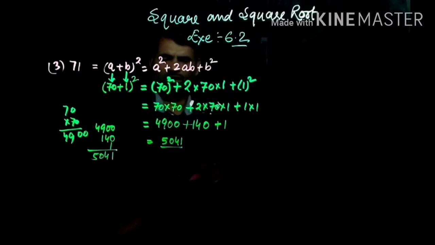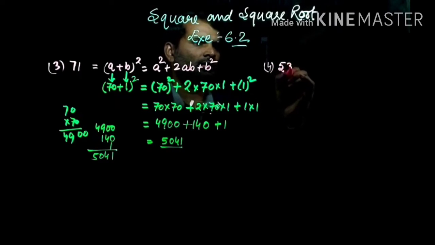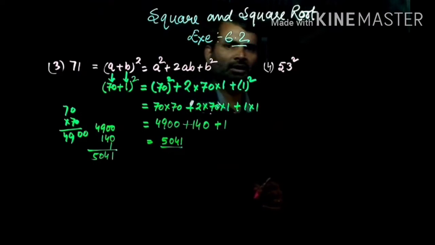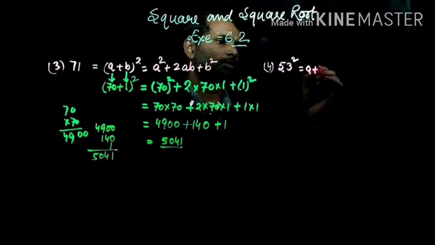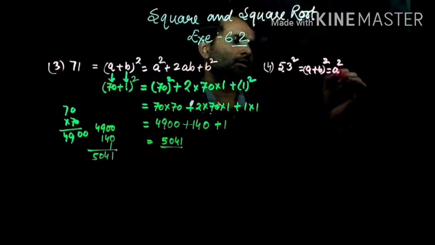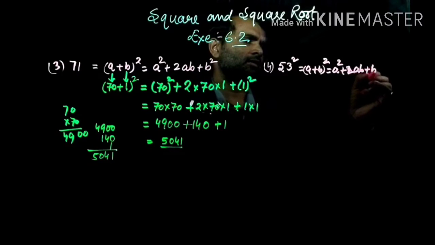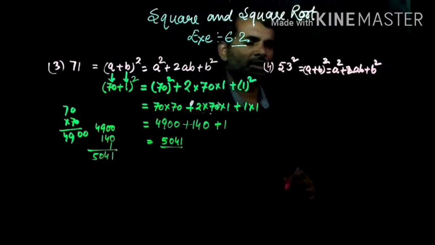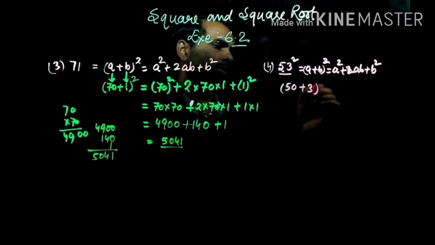Okay, another question, question number 4: find the square of 53 square. First you write the identity: (a plus b) whole square is equal to a square plus 2ab plus b square. 53 is divided into two parts: 50 plus 3.